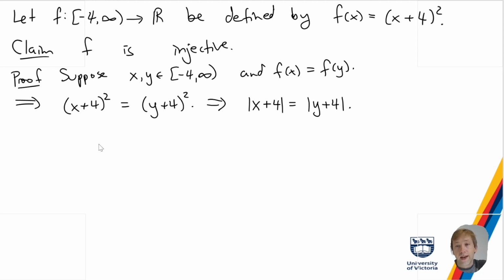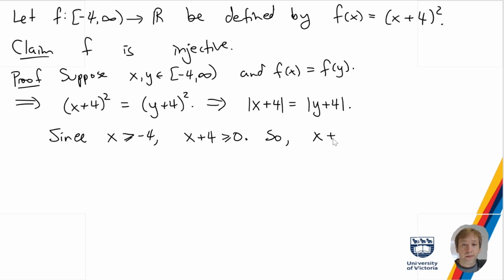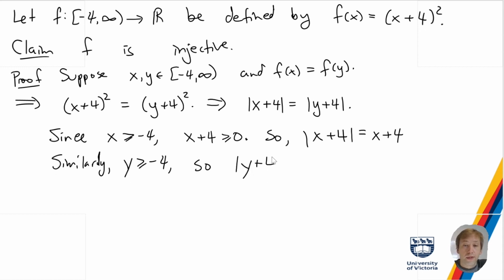Since x is at least -4, we know that x plus 4 is at least 0. So the absolute value of x plus 4 is just equal to x plus 4. That's how absolute values work, right? Similarly, y is at least -4, so the absolute value of y plus 4 is equal to y plus 4.